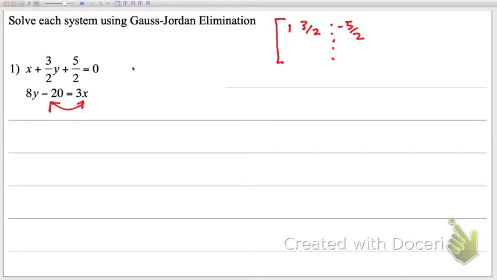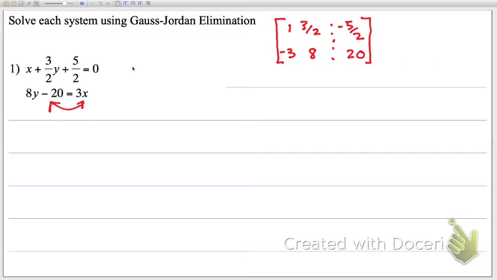So then it's going to be negative 3, 8, and 20. Couldn't you just move the 8y over? Well, you could. Don't you want the leading coefficient to be positive? No, because I've got to zero it out, and now it's negative. It doesn't matter.